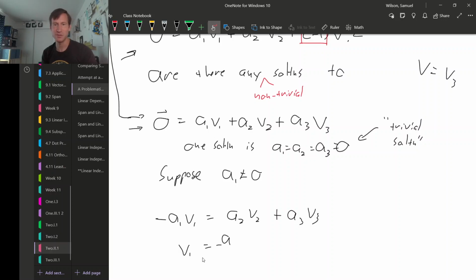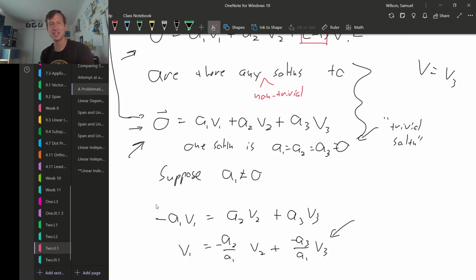So then we get v1 is minus a2 over a1 v2 plus negative a3 over a1 v3. And we sort of reproduce our previous definition of linear dependence, right? So the upshot is that asking whether there are any non-trivial solutions to this equation checks whether every vector is linearly dependent on all of the other vectors.